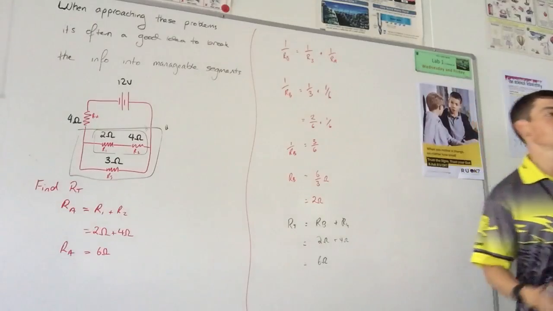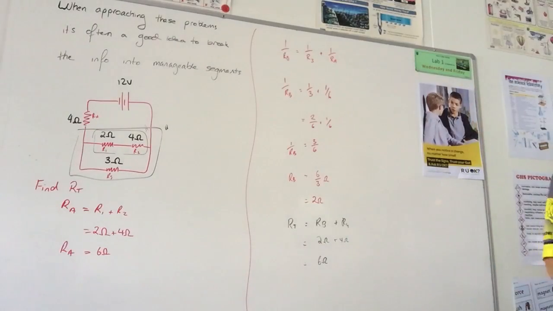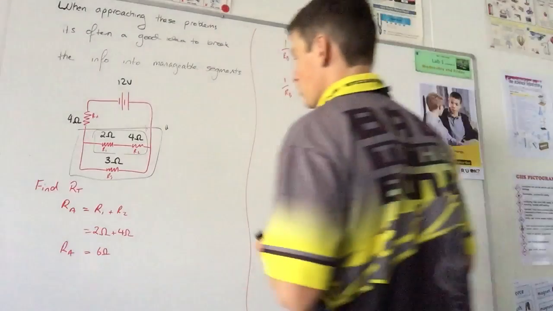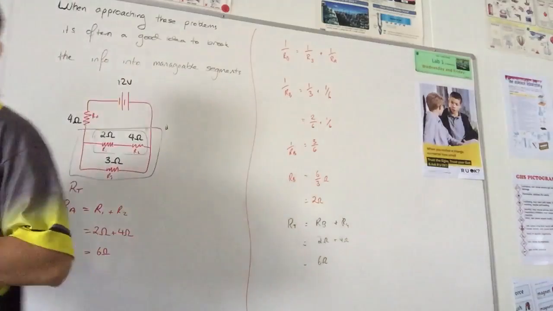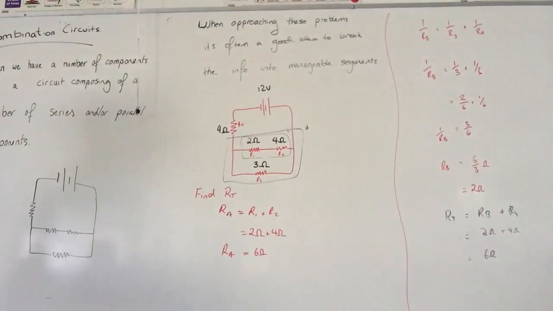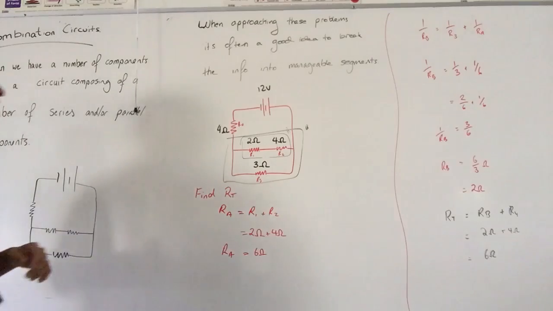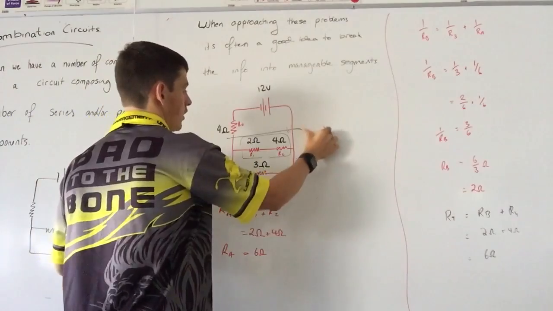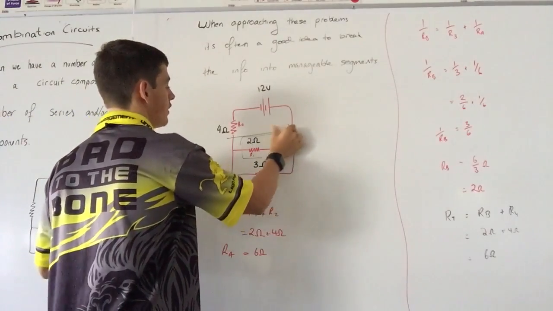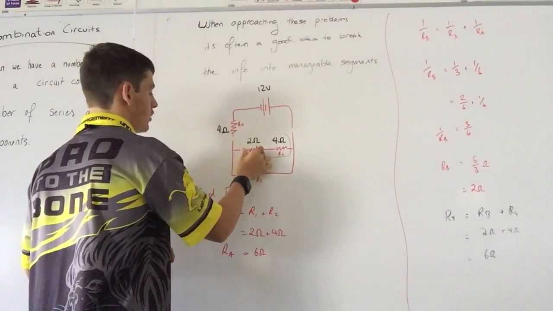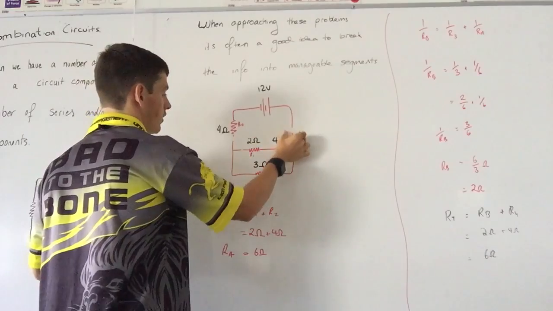Now, that's what I would describe as a gentle combination circuit. The reason it's a gentle combination circuit is because there's only a few components that you need to consider. And secondly, I've kind of scaffolded it. I've told you you need to find RT, which has told you what you need to do to find your value.